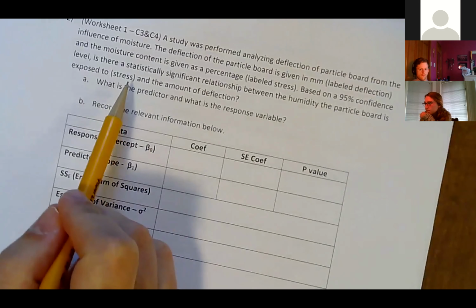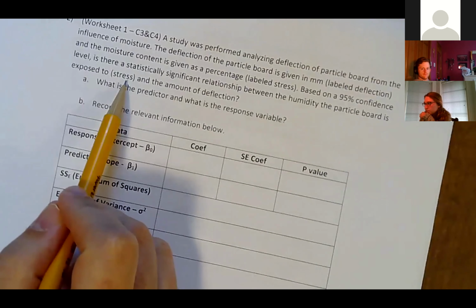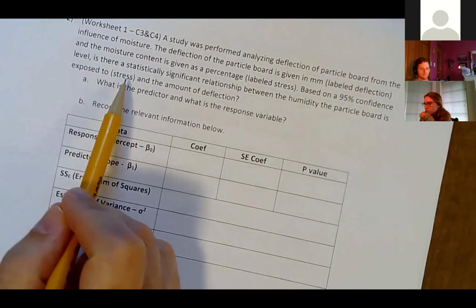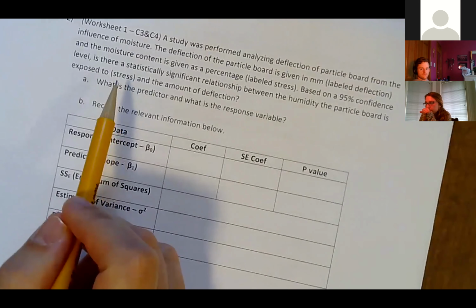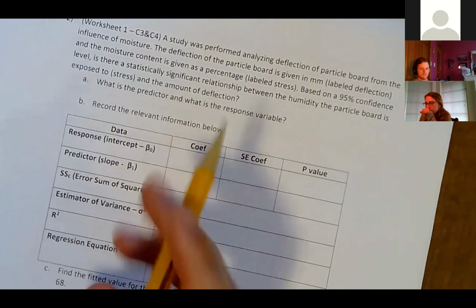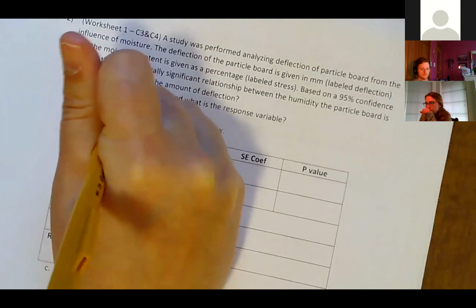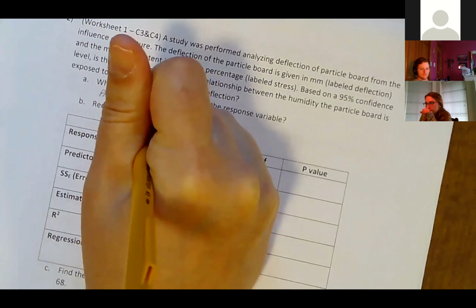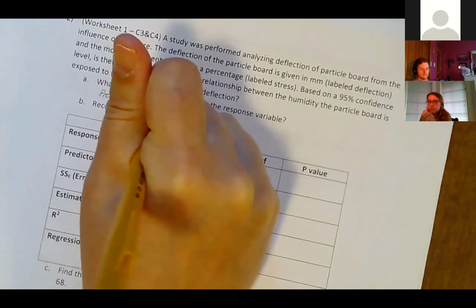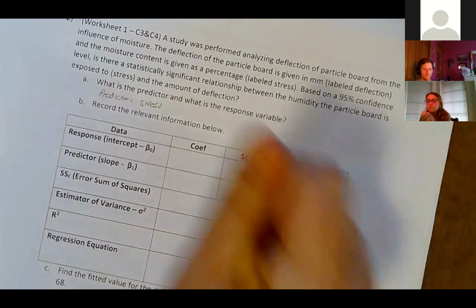I have written here is stress. The humidity that the particle board is exposed to is the stress, and that is related to the amount of deflection. So my predictor, or my X, is that stress, which is a factor of the humidity it's being exposed to.